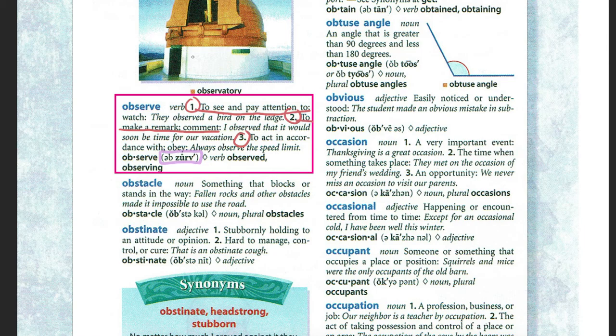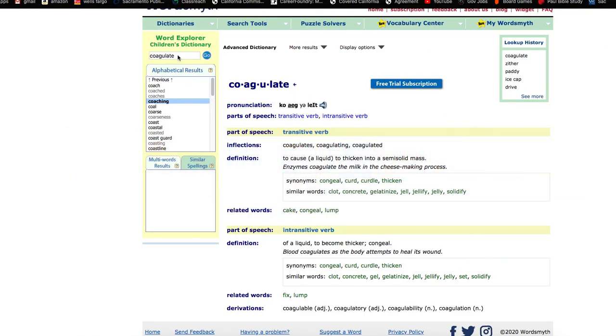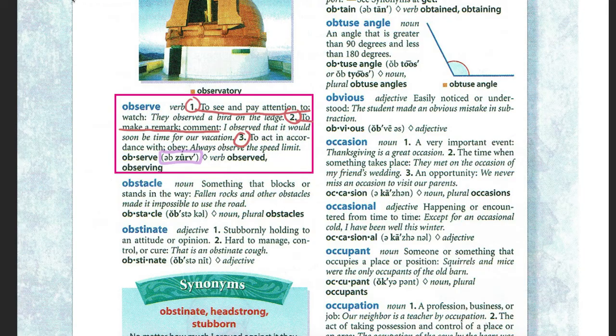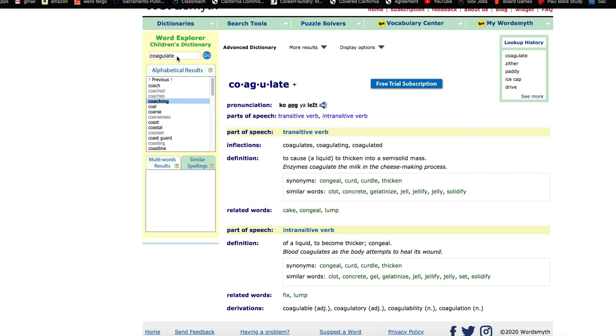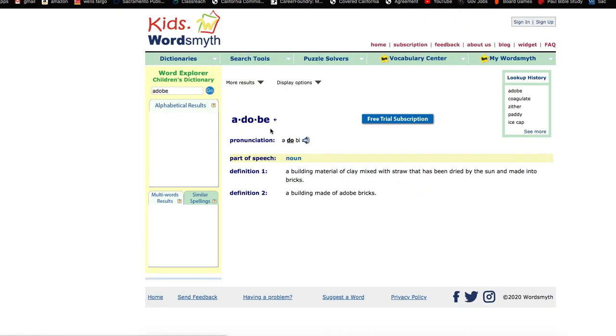Or if you're using a website, what was the first word? Adobe. If you're using Kids Wordsmith, you would type in adobe here, hit go or enter, and the pronunciation you will copy is this one right here.